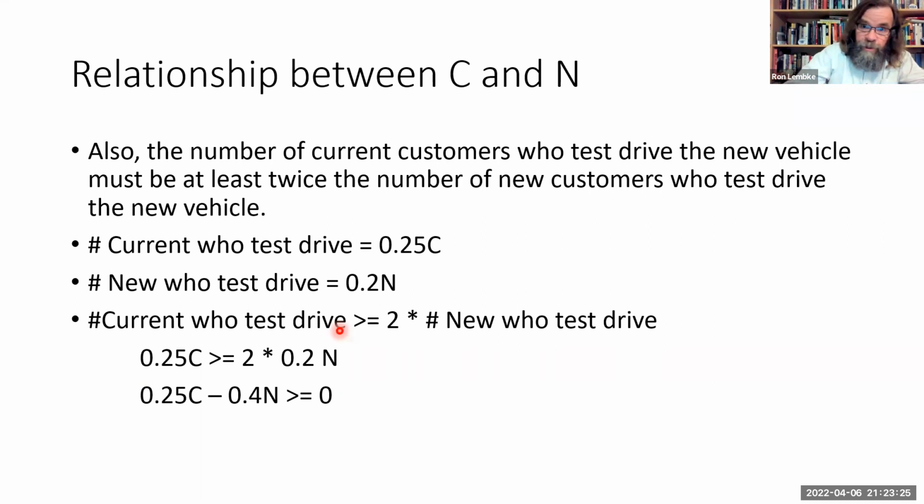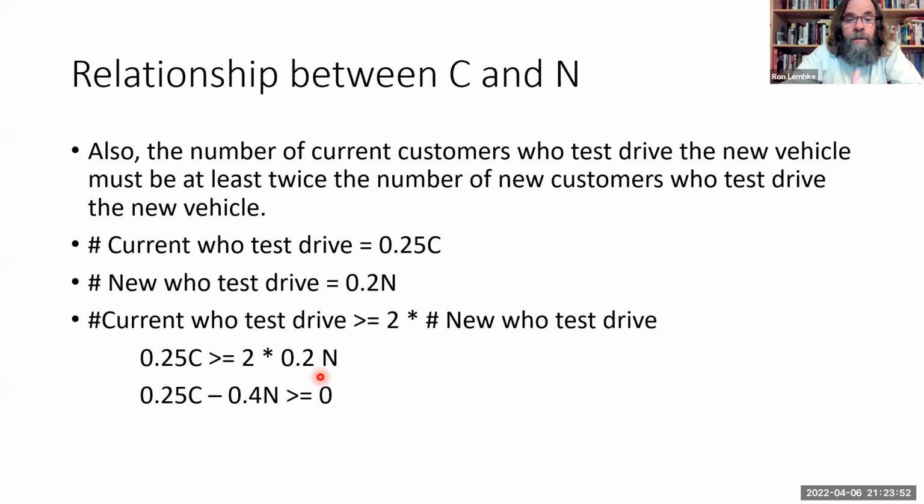Now, we just saw on the last slide that the number of current people who take a test drive is 0.25C. The number of new customers who will take a test drive is 0.2N. And we want this 0.25C to be at least twice as big as 0.2N. The easy way to write this is 0.25C is greater than or equal to 2 times 0.2N.